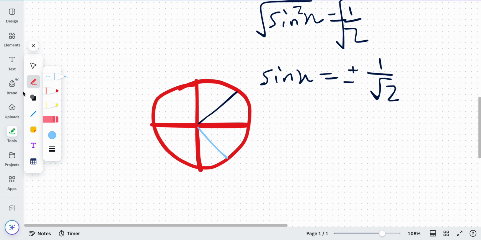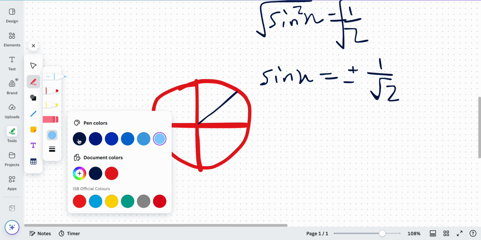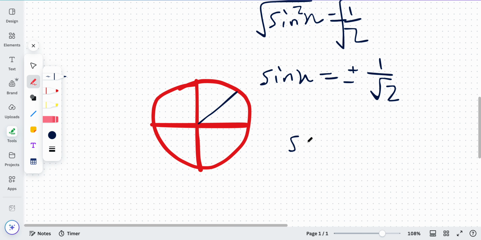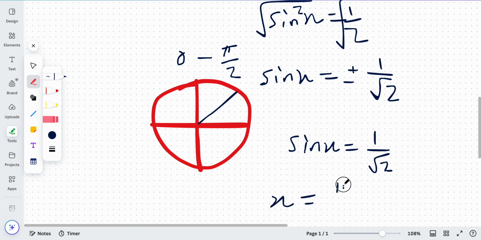We're looking only for the positive value, and this is only because the range is from 0 to pi over 2. If it was anything else, I would not have done it this way. So x would be pi over 4. That's the answer.